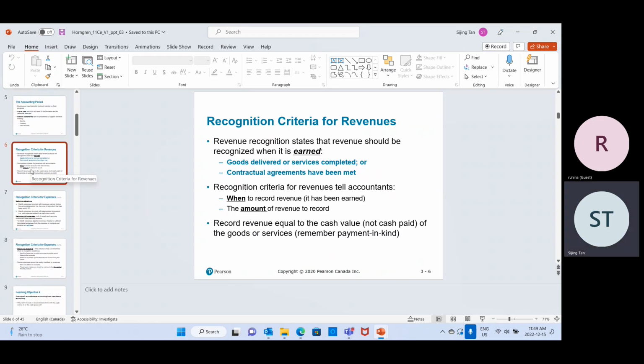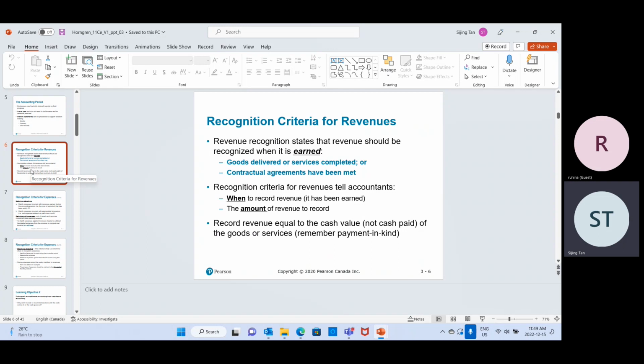Recognition criteria. First, revenue recognition. We need to understand what the revenue recognition criteria are. The revenue recognition criteria states that revenues are recorded when earned. Revenue is earned in most cases when the business has delivered completed goods or services to the customer.